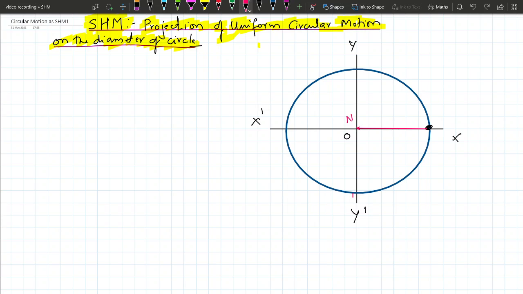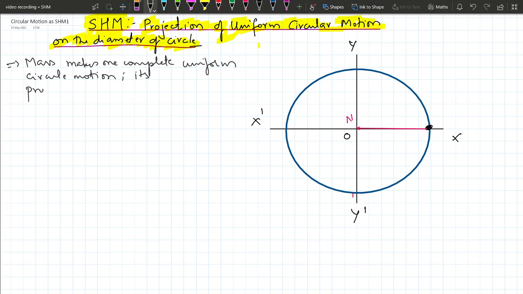Let us check it. I will write here: when the mass makes one complete uniform circular motion, or completes one circle, its projection would have completed one oscillation.